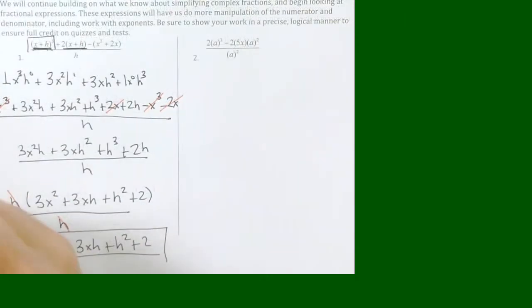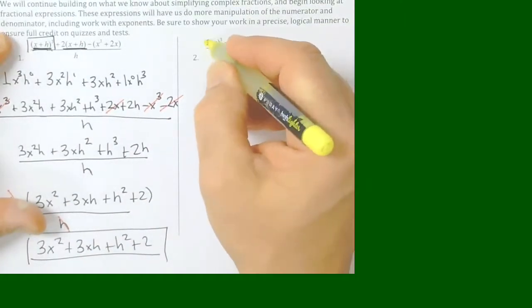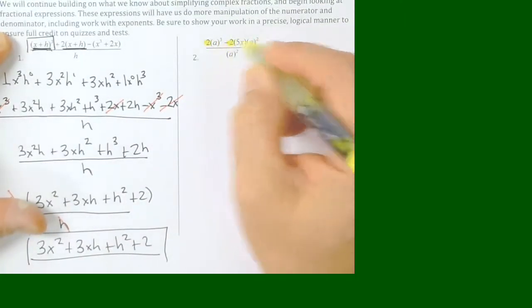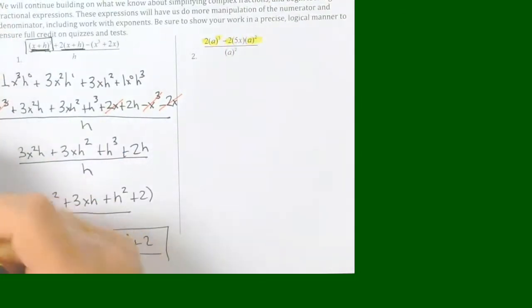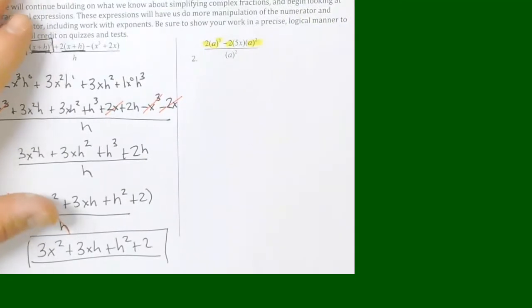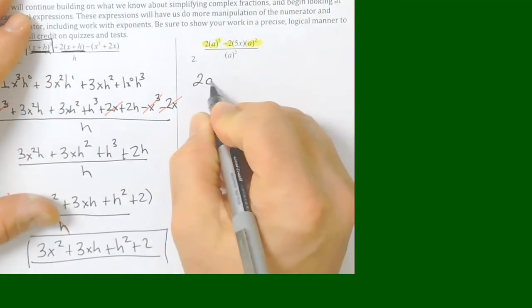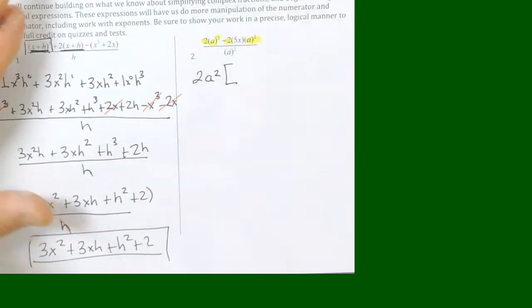So let's look at this, and we see that we have the 2. We see that we have an a squared and an a cubed. So let's factor out 2a squared.